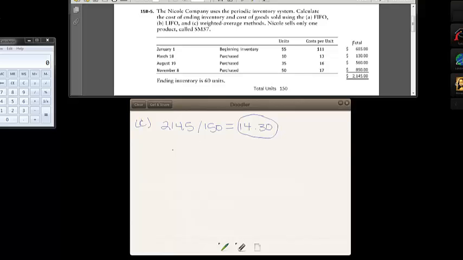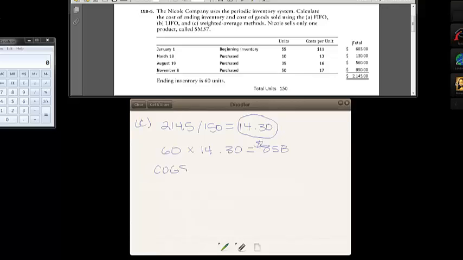Okay, so now to arrive at the ending inventory, we take the quantity of ending inventory, which is 60, and multiply it by the average cost per unit to arrive at the total, which is $858, cost of ending inventory.